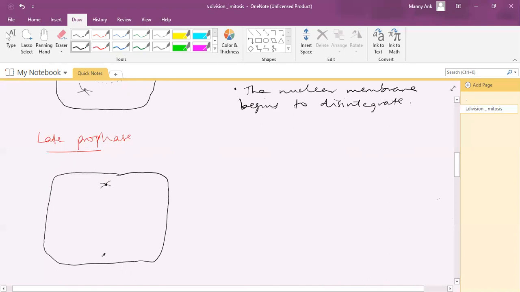So they move to opposite poles like this. Okay. Then the nucleolus and the nuclear membrane have almost completely disappeared by this stage. Okay, so we're going to have our chromosomes.